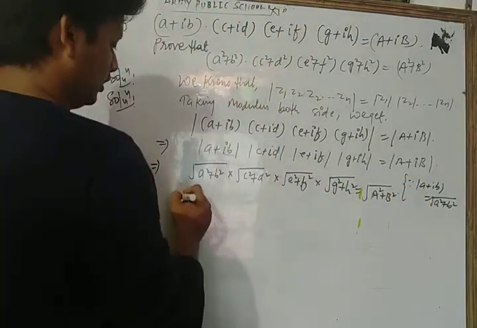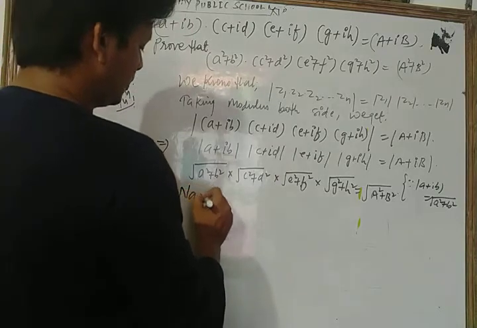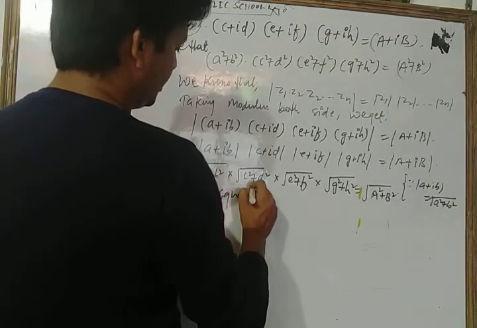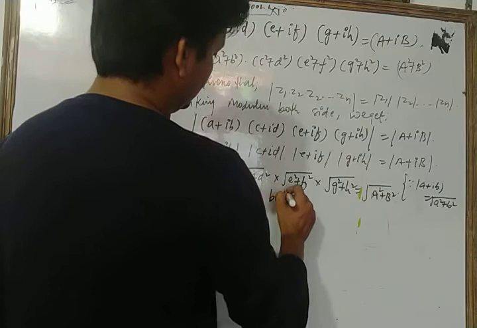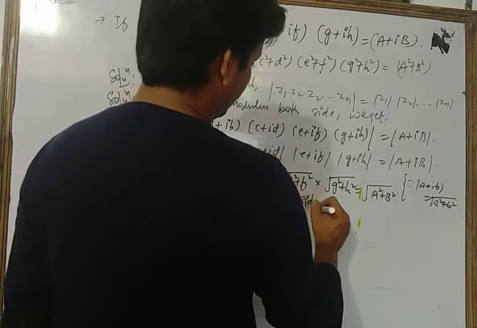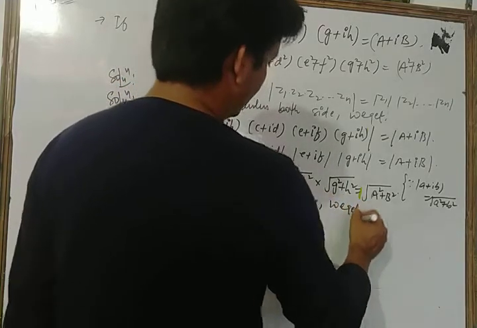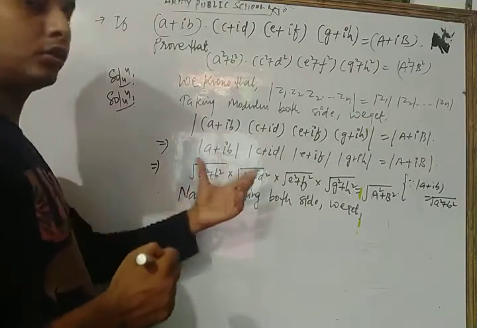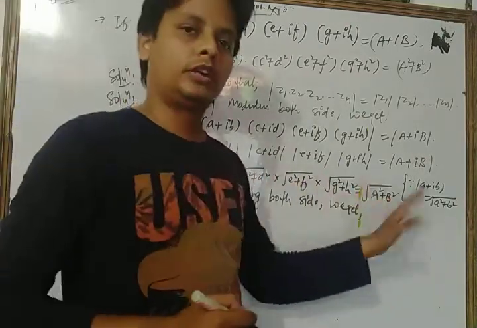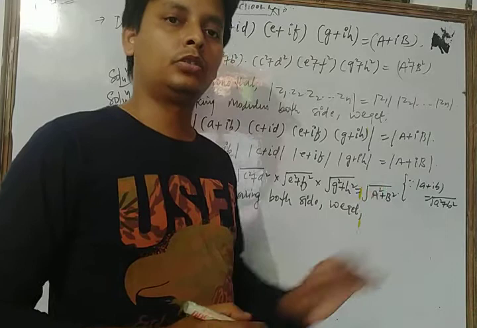Now squaring both sides we get, if we square both sides, then the square root cancels out on both sides.